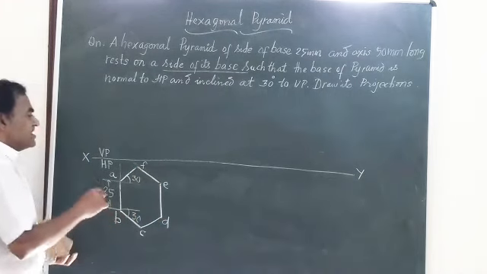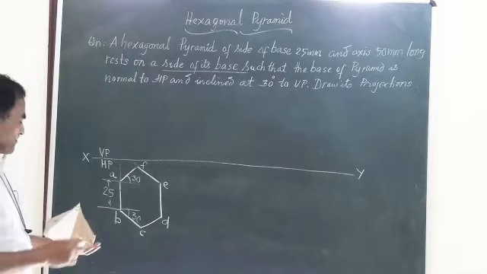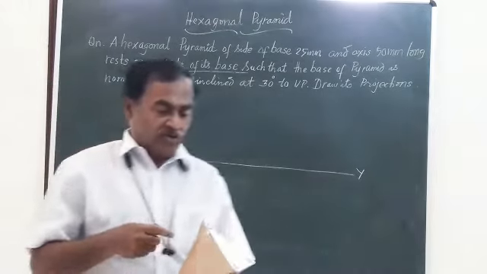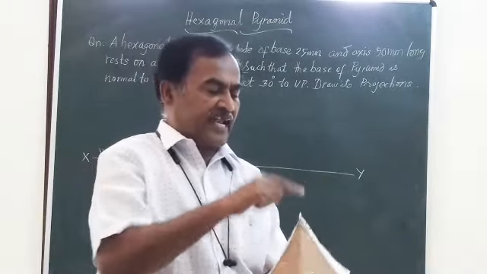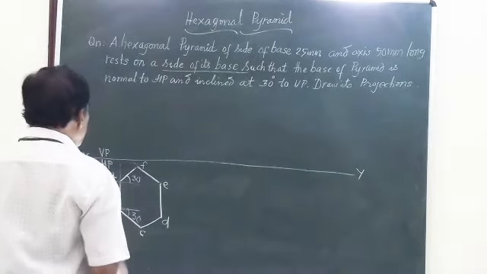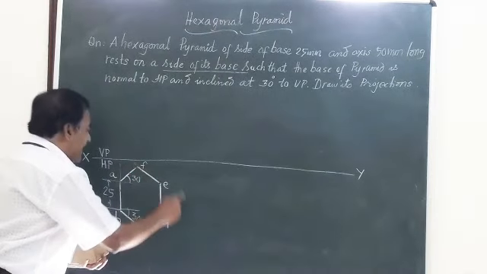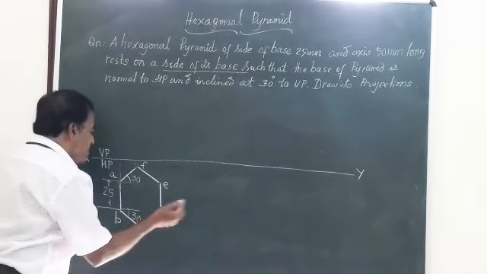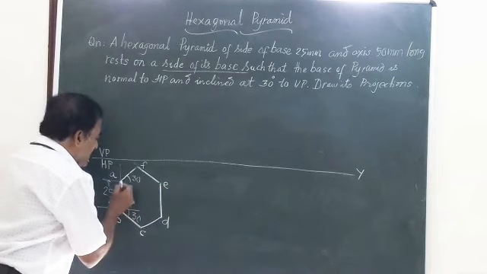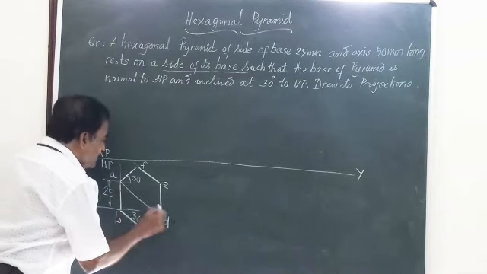F. So this is the top view of the base, and in the top view you can also see all these slant edges. Hence, I locate the center of this hexagon. That is done in a simple way. Join the opposite corners.